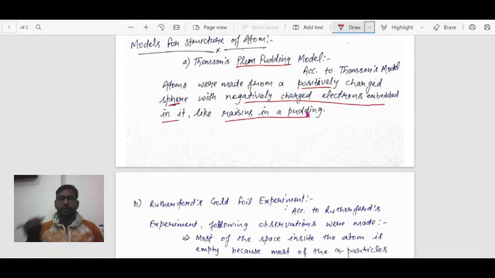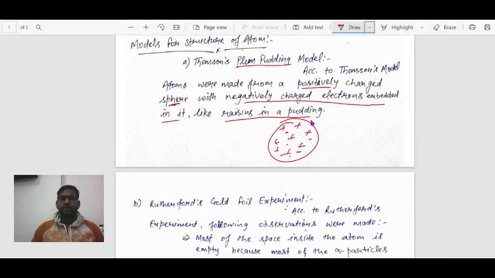For example, we can also take the example of a watermelon. We can consider the watermelon as an atom, the reddish part is the positively charged sphere, and the seeds are the negatively charged electrons embedded in it.